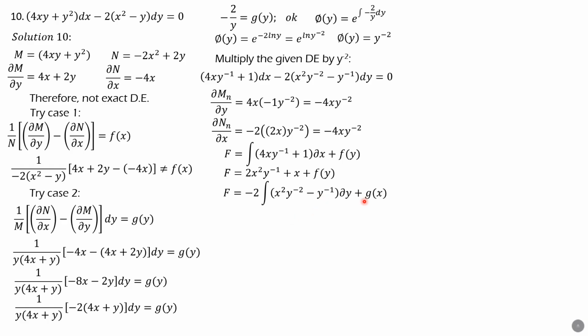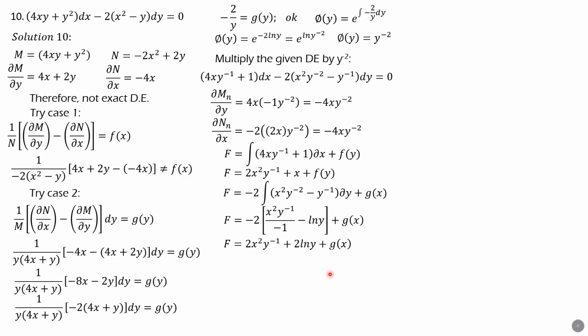Then the integral of dy over y, minus dy over y is ln of y, then plus ln x. So it is negative 2 times the quantity x squared y to the negative 1 over negative 1 minus ln of y, plus g of x. So simplifying that, it is 2x squared y to the negative 1, then plus negative 2 times negative ln, so plus 2 ln of y plus g of x.